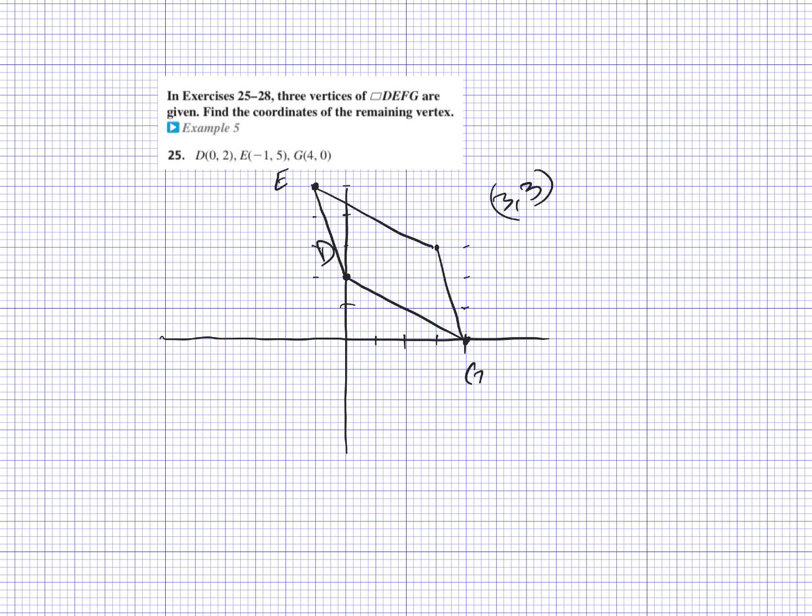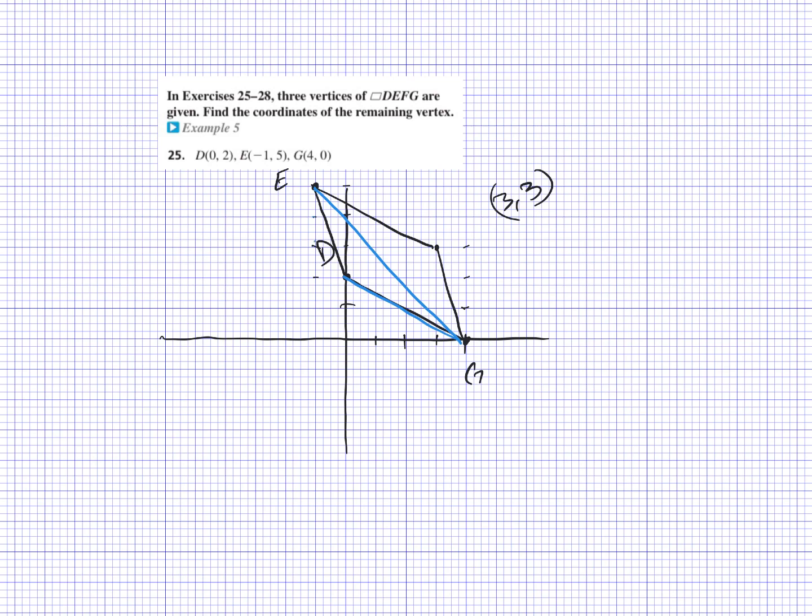And then I'm going to do the next one in blue. Let's say, instead of going E to D, let's go E to G, okay, and G to D. So that means going from G to D, or G to E, excuse me, what's that slope?